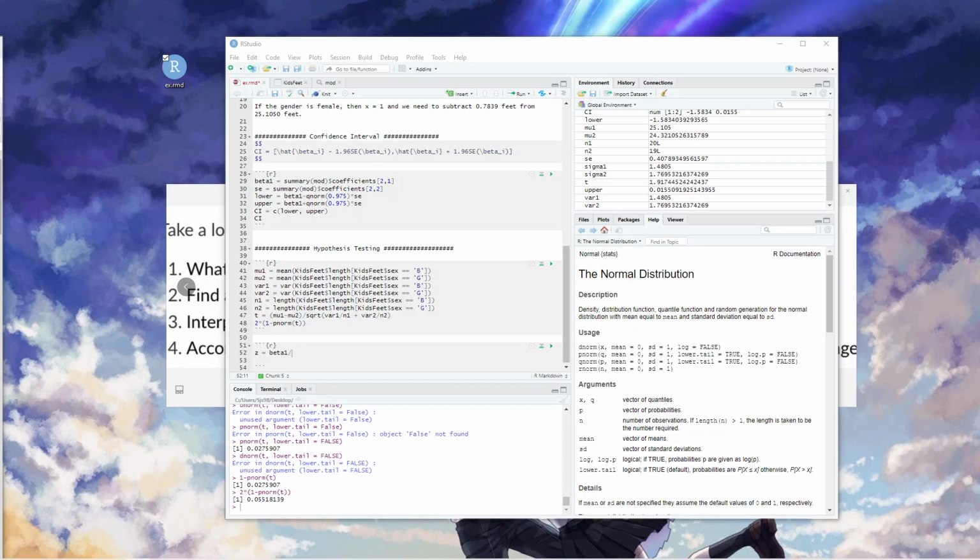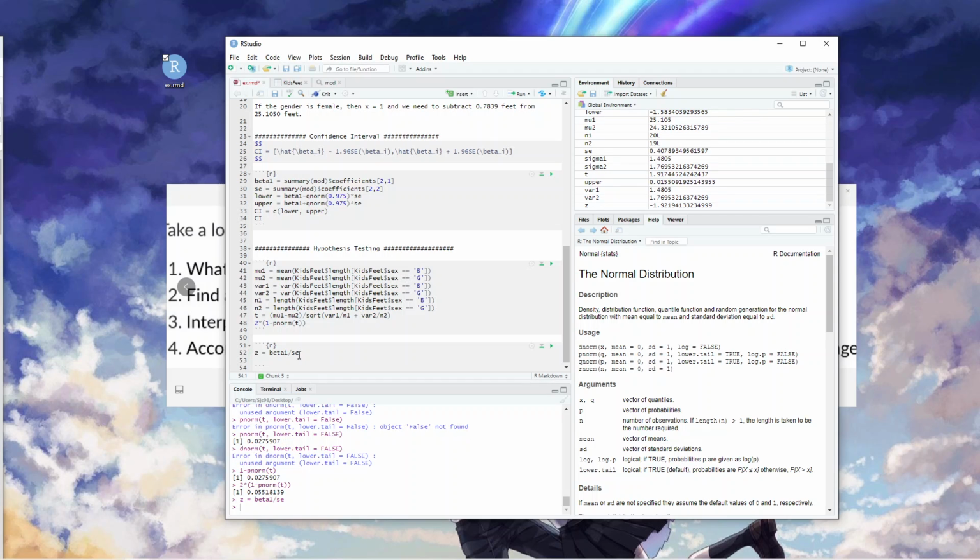Okay. So what I believe should be the case is we need to use the estimated amount minus that, and divided by the estimated coefficient's standard error.